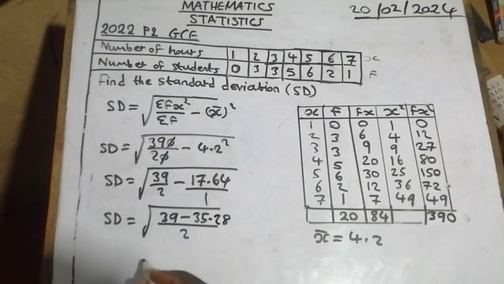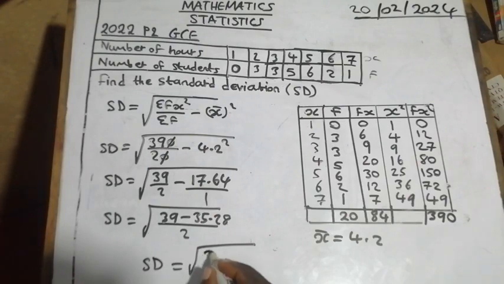So now if we subtract 35.28 from 39, we are getting 3.72 over 2.